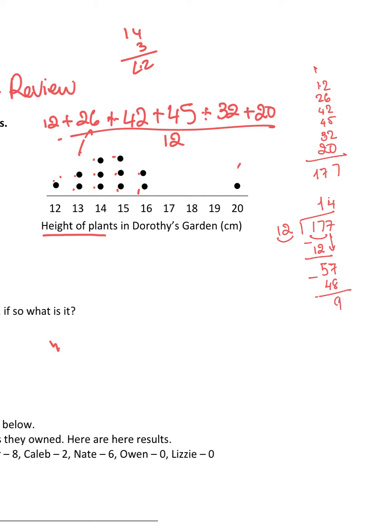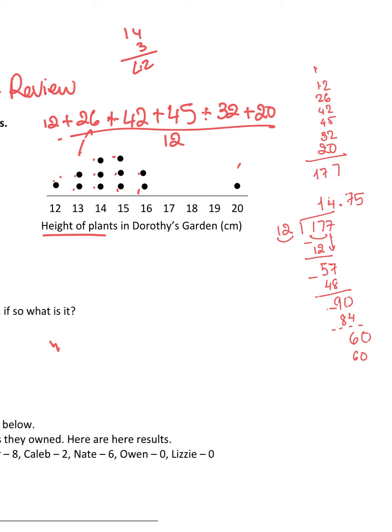Borrow a 0, put in a decimal point. 90 divided by 12, I got 7. 7 times 12 is 84. 90 minus 84 is 6. Okay, 12 goes into 60 five times. So 60 minus 60 is 0.